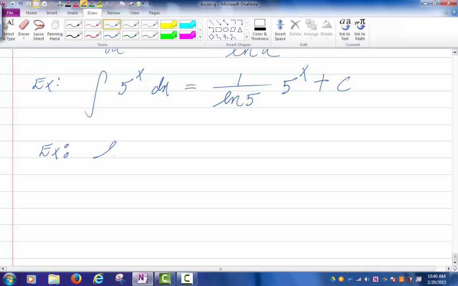What if I have log of 5 base 8? That can be written as, so maybe the question is to write things in terms of the ln. So this would be ln of 5 over ln of 8.